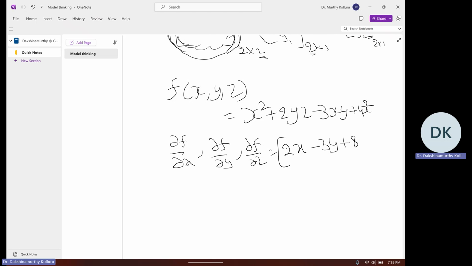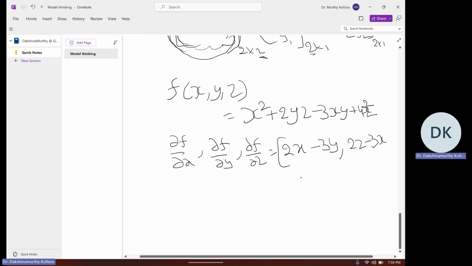I should have just said 4z square, sorry. So this is 2x minus 3y. And dou f by dou y will become 2z minus 3x, right?